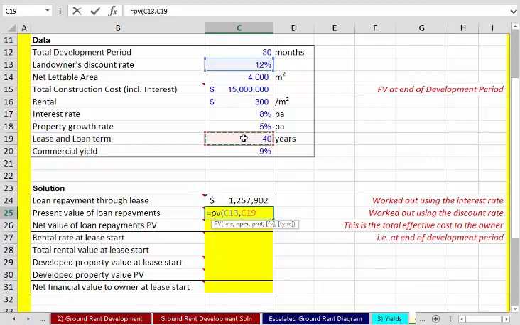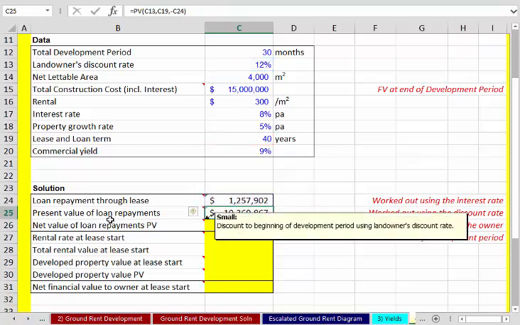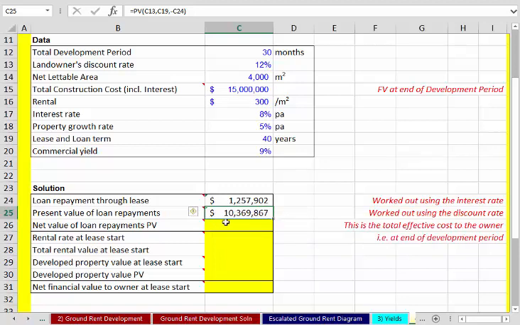And so again, we've got the rate as a discount rate to the landowner, the term is the same, the 40 years, the payment now is going to be the loan repayment. I'll put in a minus again to get our sign convention sorted out. And so that means that the present value of the loan repayments, present value of the loan, if you like, to the landowner is $10.369 million.